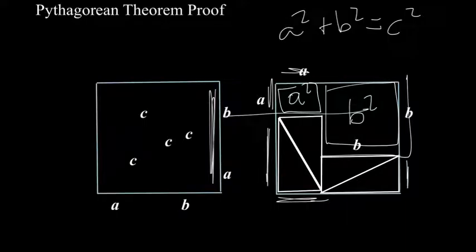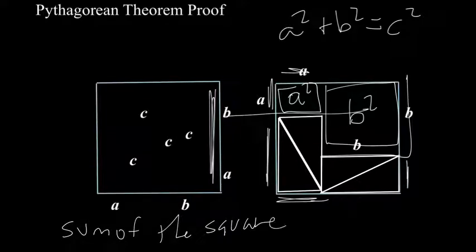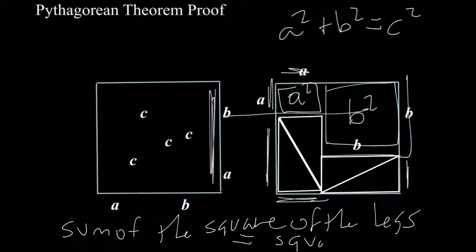And there is your proof that the sum of the squares of the legs of a right triangle equals the square of the hypotenuse.